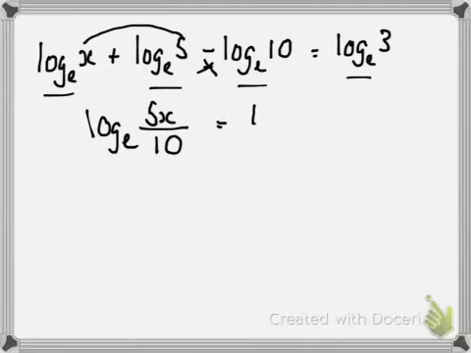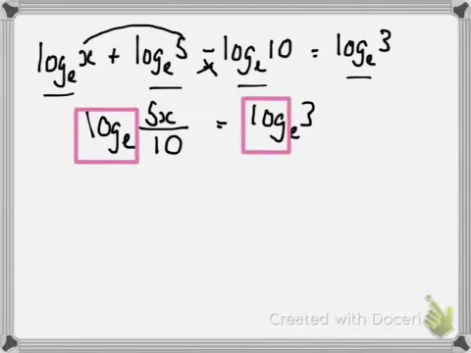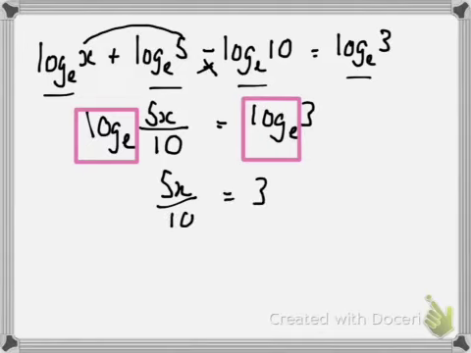And that equals log 3 to the base e. So now we've got log base e this side, log base e that side. So we can now drop those out and we get 5x over 10 equals 3. 5x equals 30 by timesing through by 10. x equals 6.